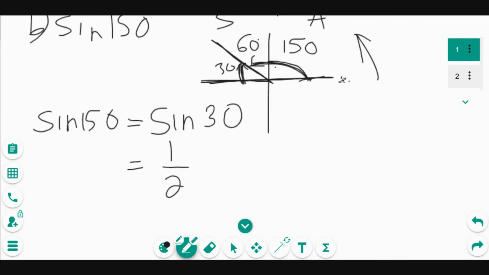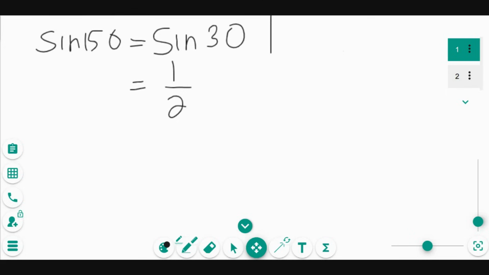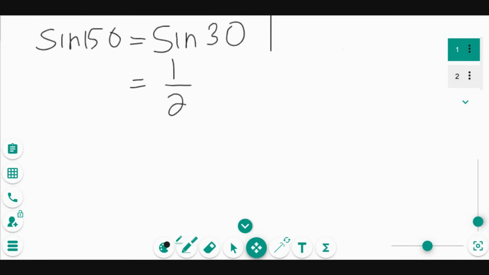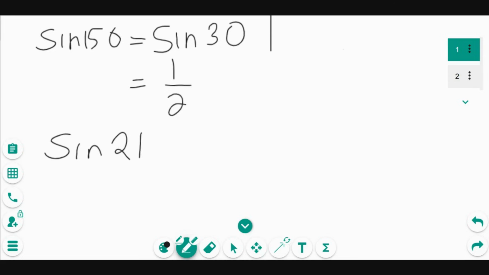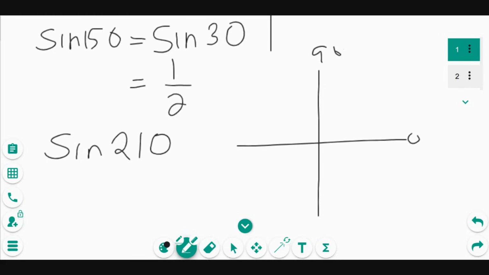Let me take one more example, which is going to help us understand clearly. I'm going to also measure the sine of 210. We had said we take the cosine, but let's take the sine of 210. It's going to give us the whole picture very well. 210 is beyond, this is 0, of course, 90, 180.